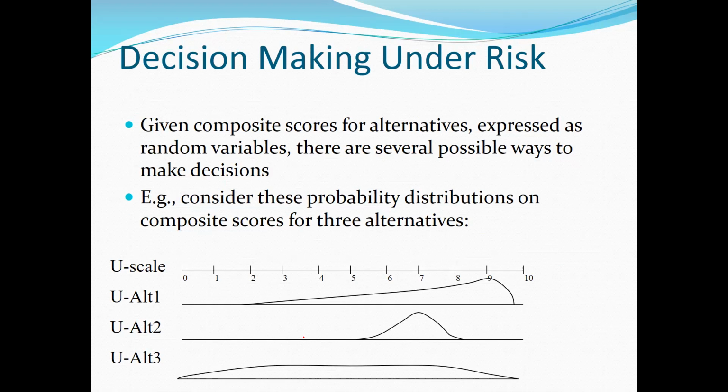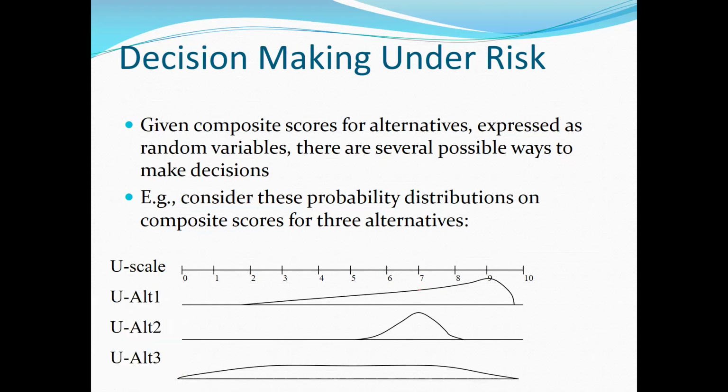For all those alternatives, instead of having one composite score, you have these probability distributions. If you know anything about probability distributions, you can figure out the area under the curve.